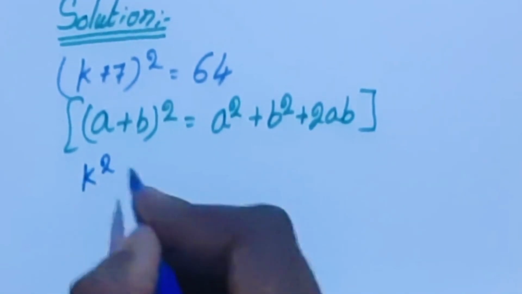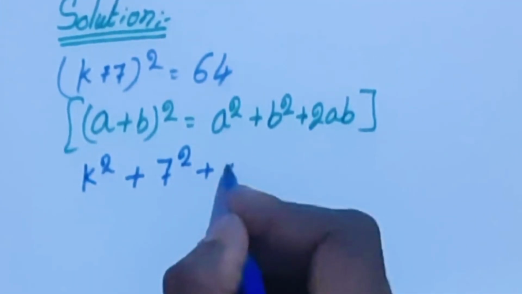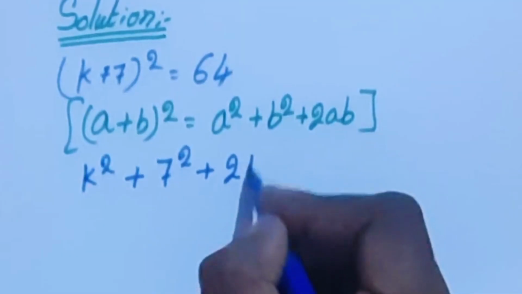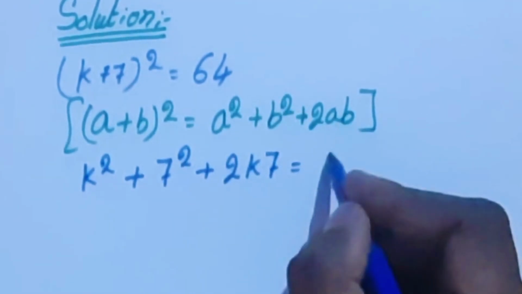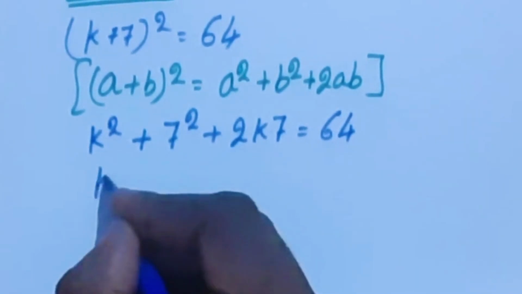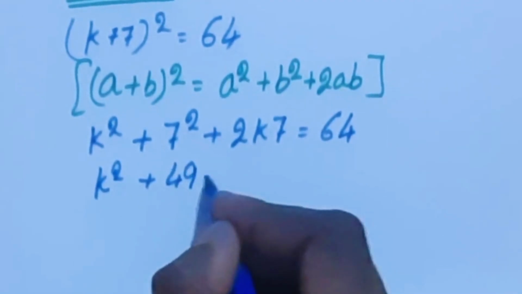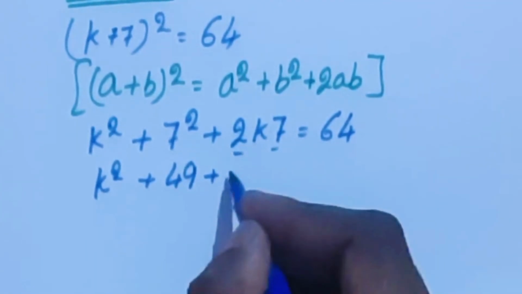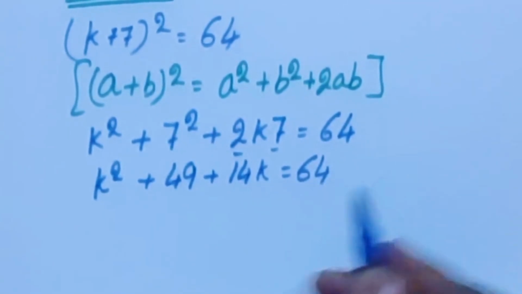k^2 + 7^2 + 2 times a, that is k times 7, equal to this 64. Now k^2 plus this 7^2 is 49, plus 2 times 7 is 14k, equal to 64.